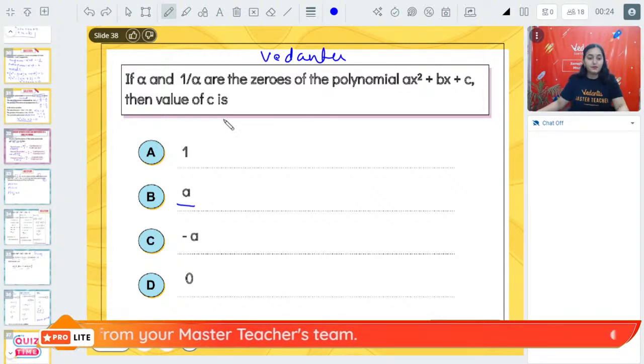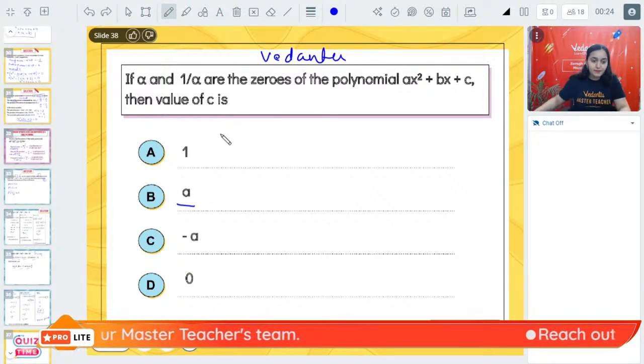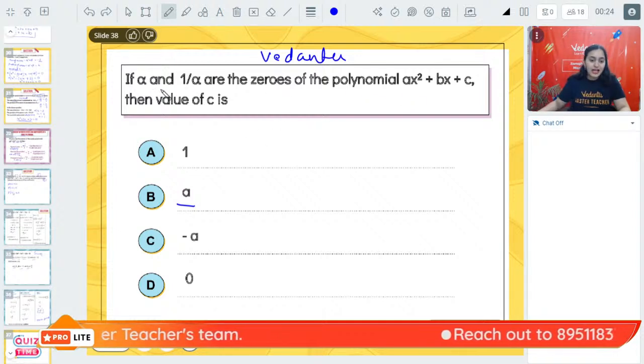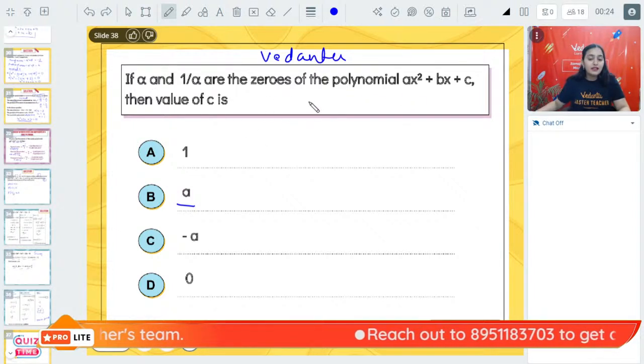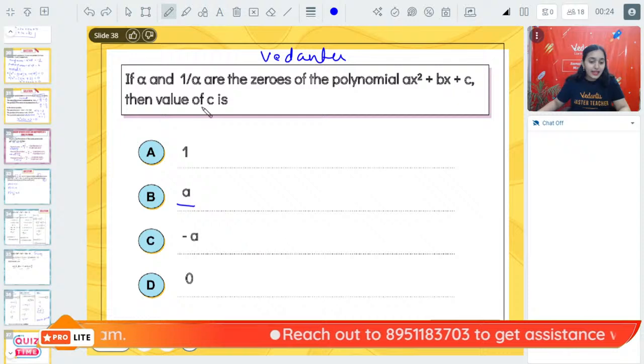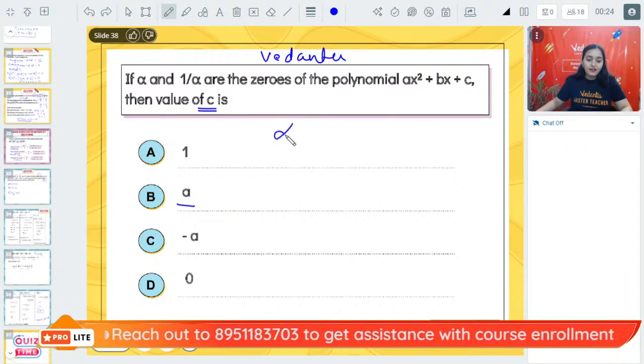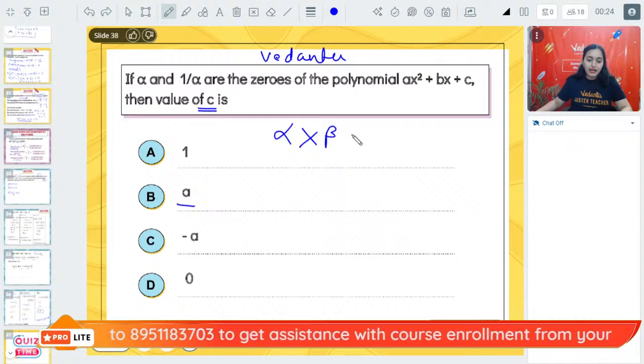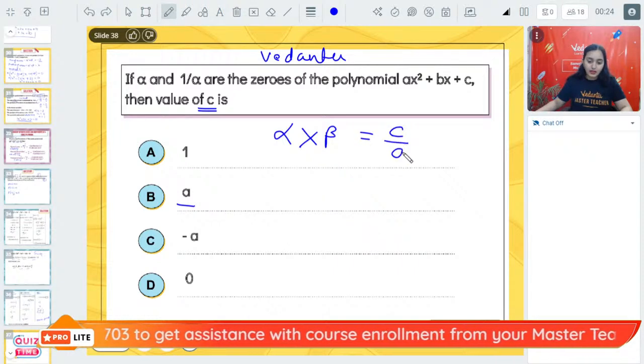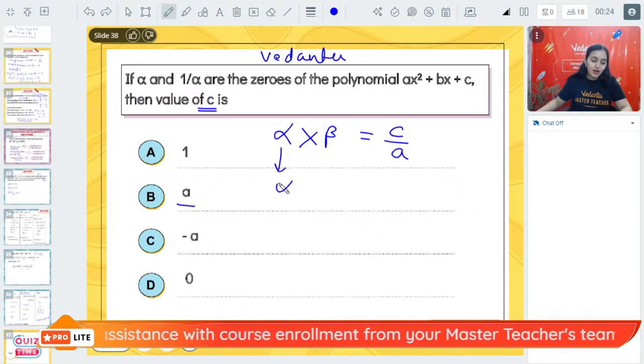Chalo. Now the question is saying alpha and 1 upon alpha are the zeros of the polynomial and they are asking the value of c. Now we know that alpha into beta is equal to c upon a. What is the value of alpha? Alpha.